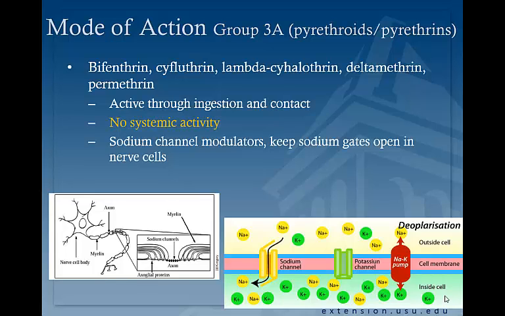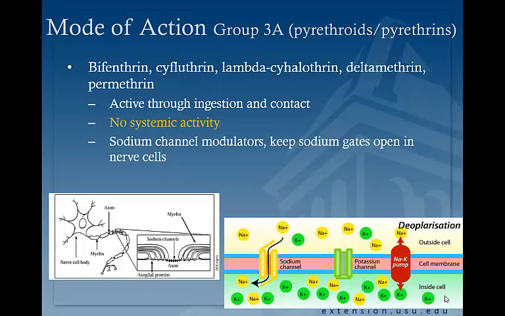Okay? They're called sodium channel modulators, and what does this mean? Well, this is targeting a component of the insect's nervous system. So even pyrethrum is working in the same way. Sodium flows into a cell through a gate, and that causes a nerve impulse. So that nerve fires.